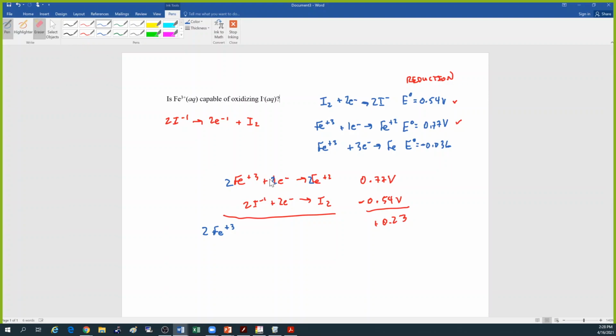Sorry, I messed up something. Why did I reverse this one? Did I reverse them both? This is reduction, this is, I put it backwards. Sorry about that. I reversed it again. I meant to leave it in the oxidized form.